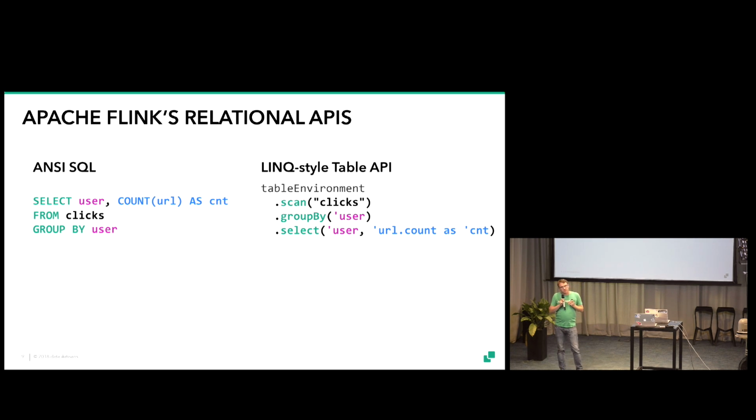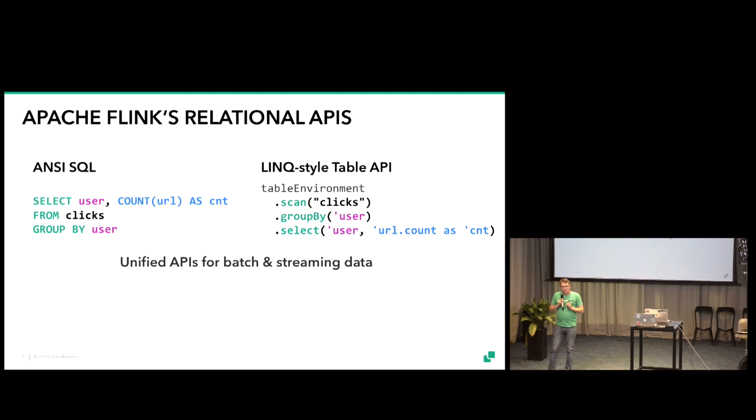What this basically means is that you don't embed your query in a string and give it to your program, but instead you can use a fluent API to define all the operations that you want to do. So in this example here, we start with the table environment. We scan a table clicks. We group by user, and then we do a projection on user and count. So those two queries here are doing exactly the same.